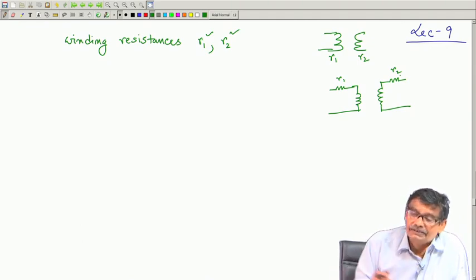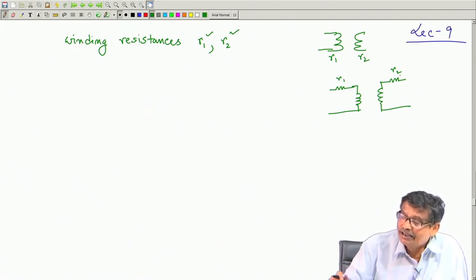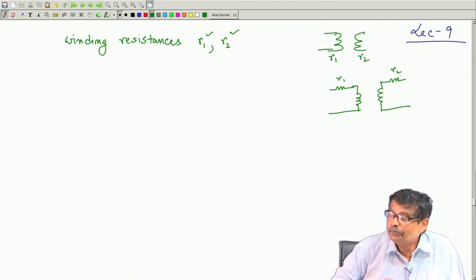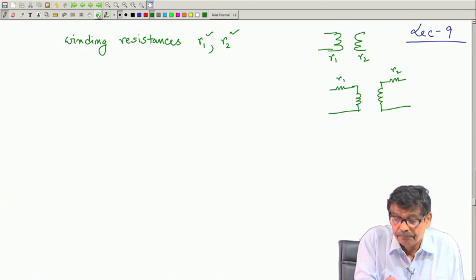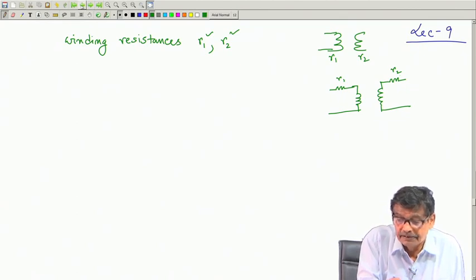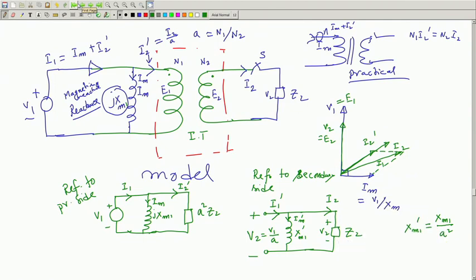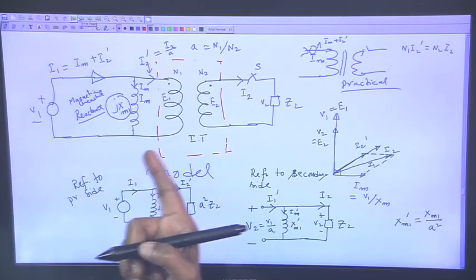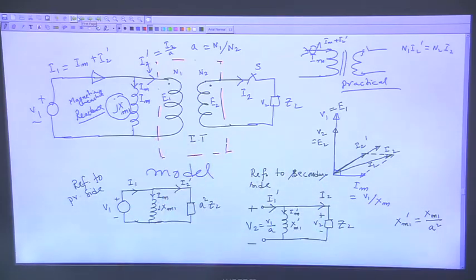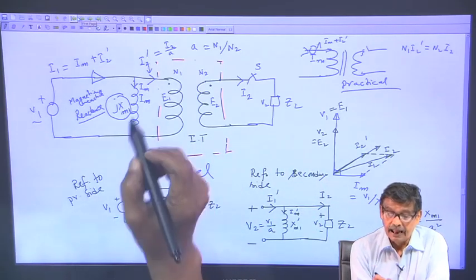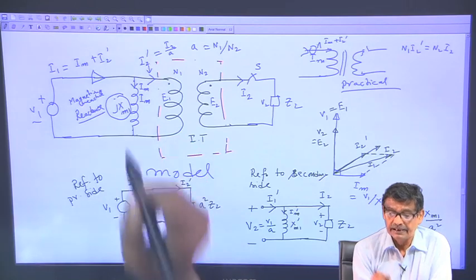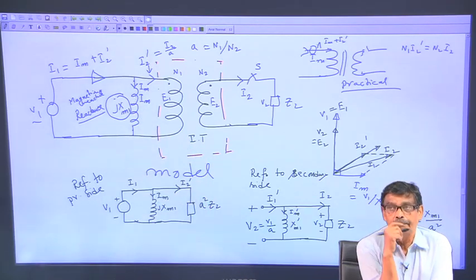Now, the question is how this R 1 R 2 should be shown in this transformer. In this transformer, there was finite magnetizing current, no resistance, no leakage flux, fine, and this is I m, magnetizing current taken care of by an X m.